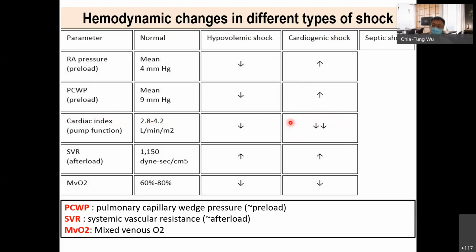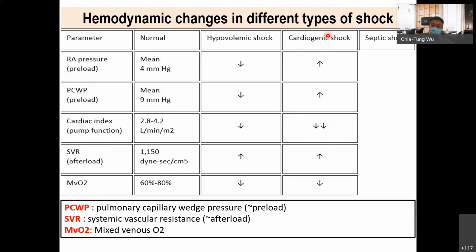And because of heart failure, the blood cannot be pumped out from the left or right ventricle. So the blood will accumulate in our veins, our pulmonary veins and our SVC, IVC. So when the cardiac function decreases a lot, the wedge pressure will rise. The CVP will also rise. And the resistance will rise because of increased sympathetic tone.